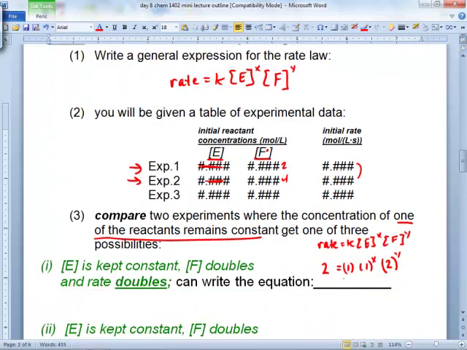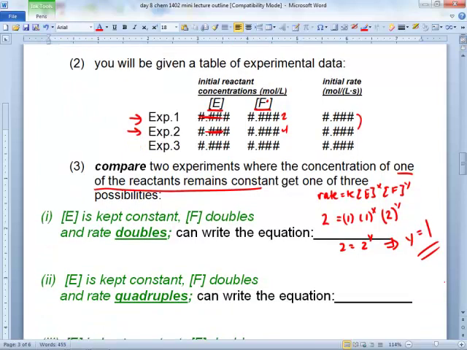So I really have 2 equals 2 to the Y. So that means that my Y is going to be what in this case? 1. I just found one of the exponents.